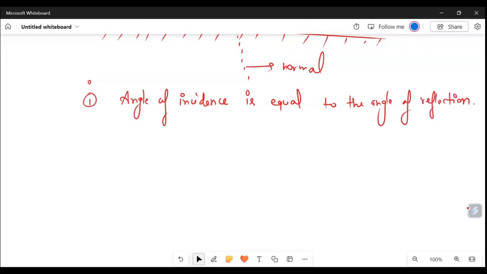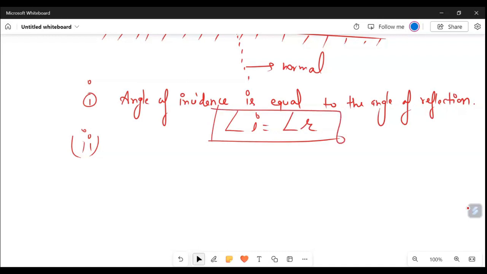This is your first law. For better understanding, remember that the angle of incidence is equal to the angle of reflection, that is, angle I must be equal to angle R. This is the summary of this law.